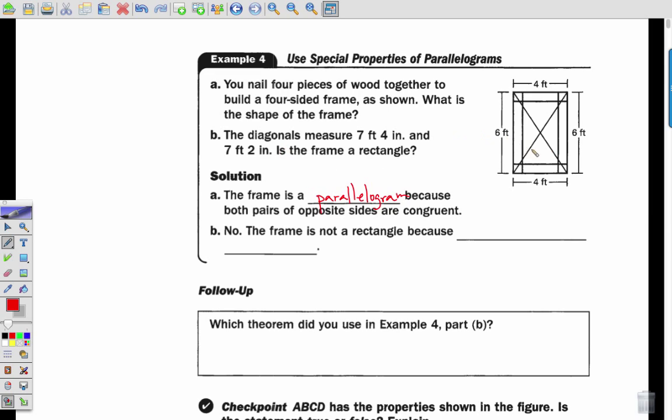Secondly, the diagonals measure 7 feet 4 and 7 feet 2. Is the frame a rectangle? And of course the answer is no, because the diagonals are not congruent. For rectangles, diagonals have to be congruent to each other.